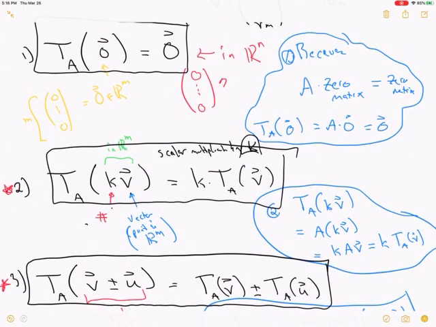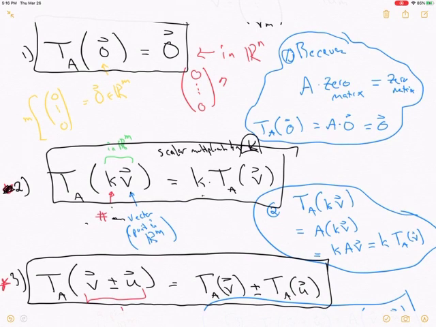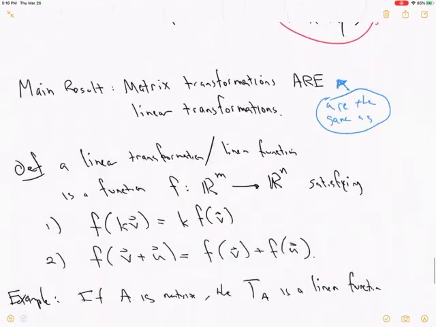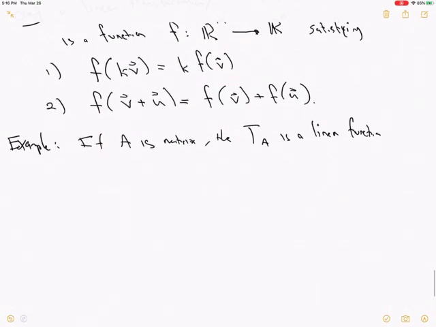Property 2 says that if you scale a vector by a number, you can pull the scalar out. Property 3 says that it distributes well over addition. So these are just properties of TA. So the properties of matrix transformations can be summarized by saying that matrix transformations are examples of linear transformations.